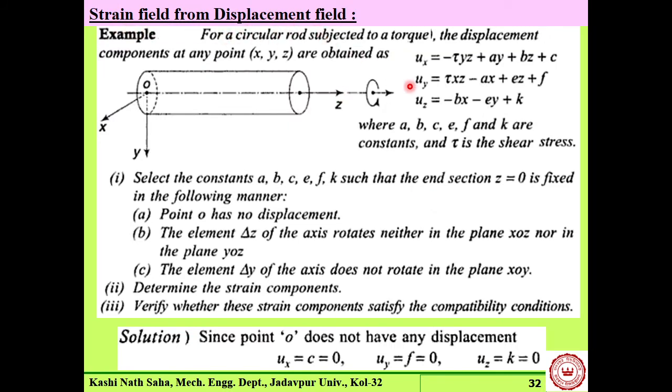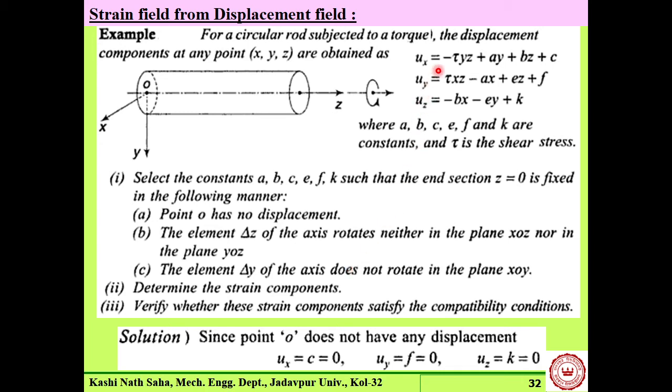Okay. So, this is the displacement field given, this is the type of problem here. This is torsion of a circular rod. These are the displacement fields given like this. These are some of the constants.